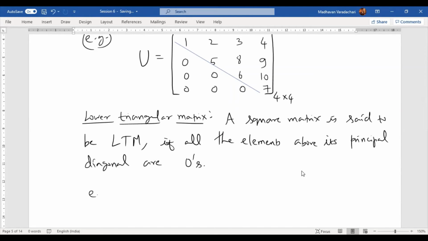Again, an example. I'm calling it as matrix L. Let me make a 3 by 3 only.